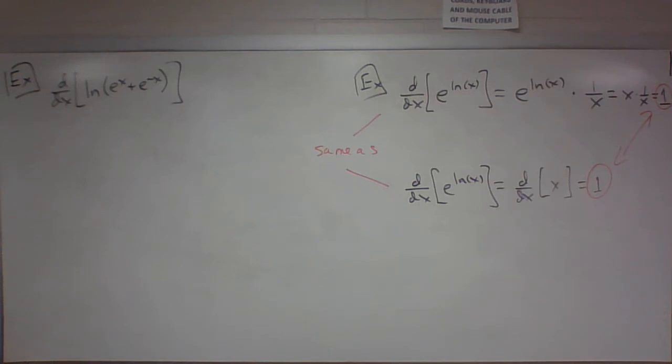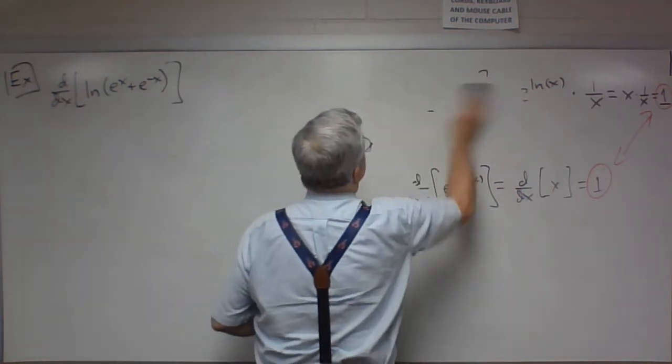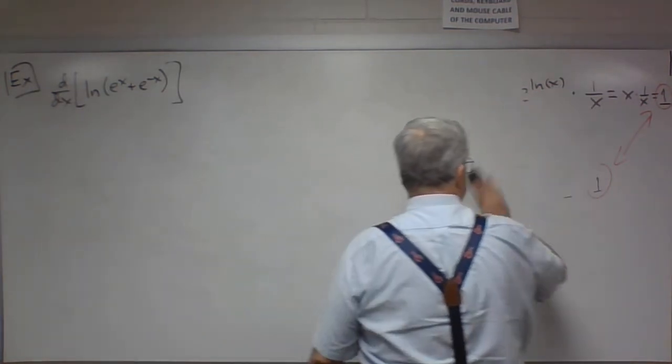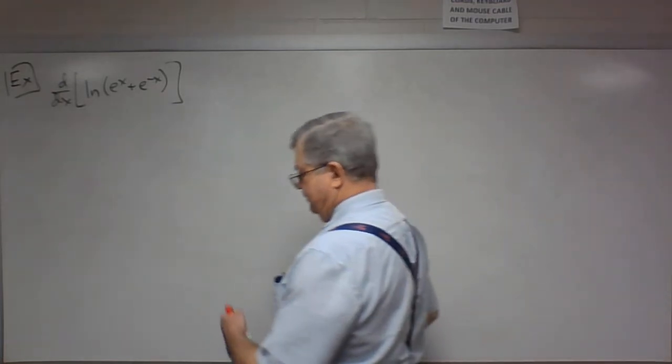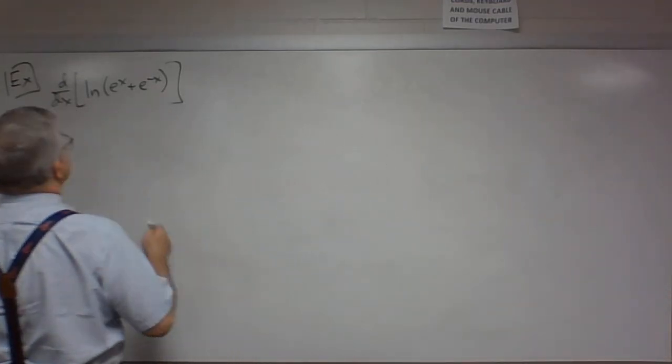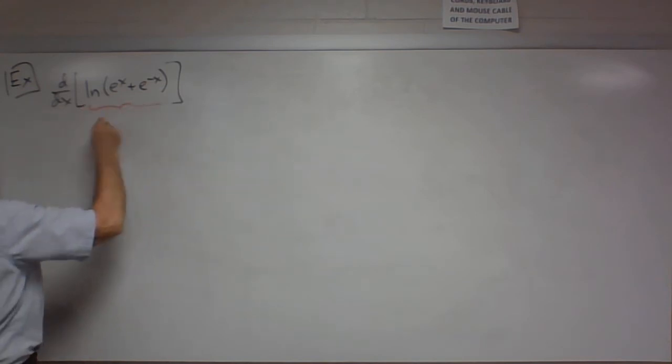Wait a minute. This is a derivative. Oh, well, we'll do a derivative. We have the natural log of something, natural log of g of x.